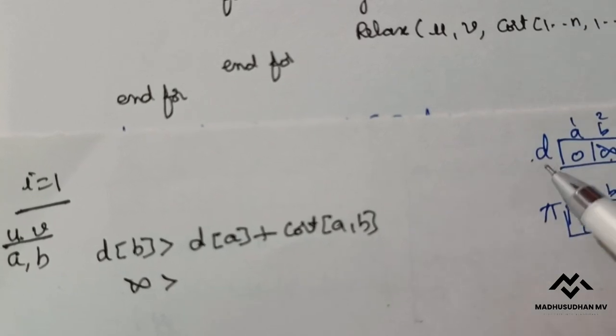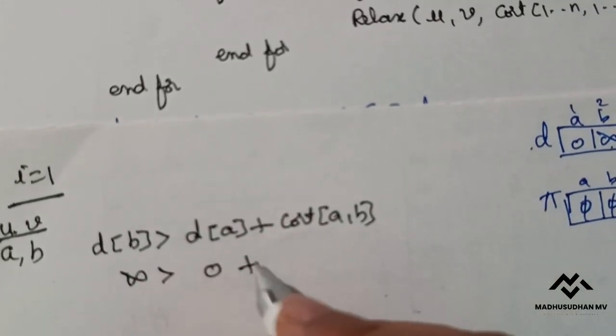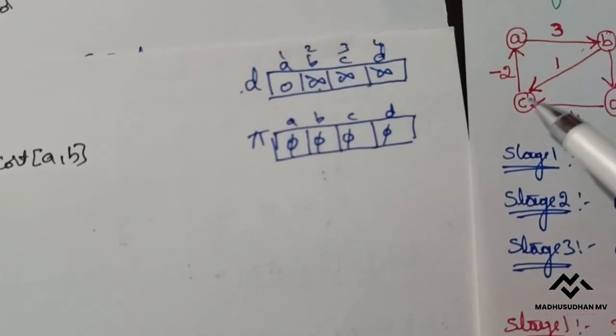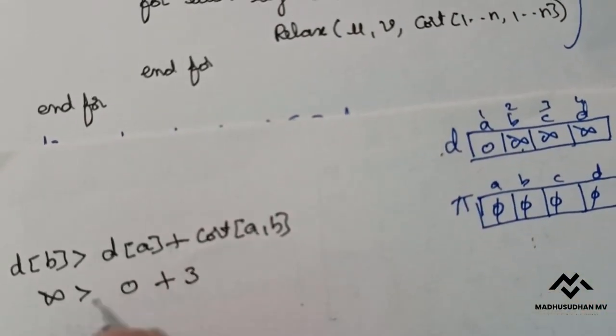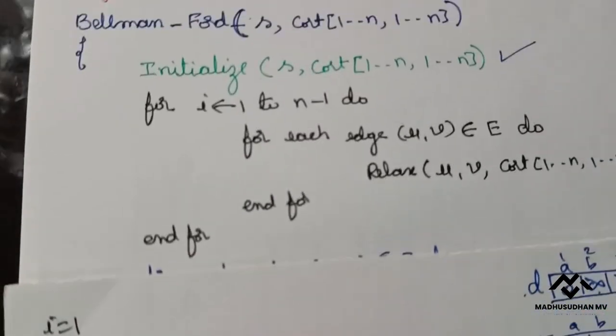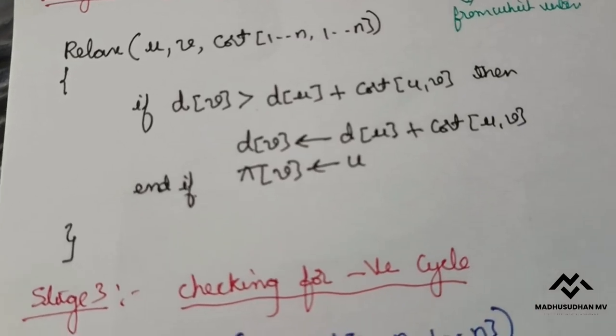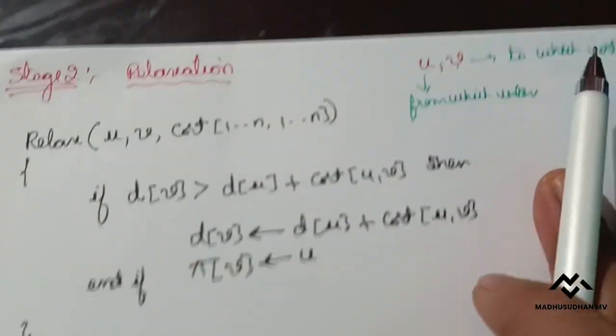Infinity greater than distance of A, which is 0, plus cost of A to B, which is 3. So infinity greater than 3. True. We are doing relaxation.